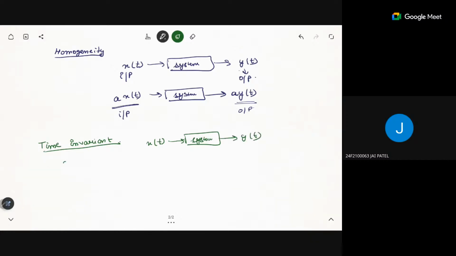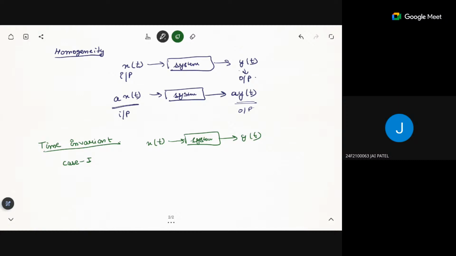Whenever you get a question to check whether a system is time invariant or variant, if you follow this step-by-step procedure, you will always get the answer. We will take two cases.